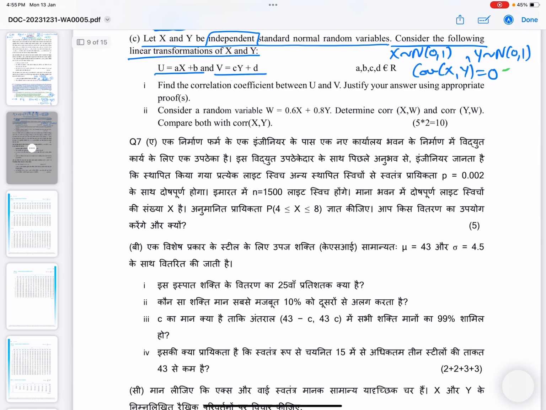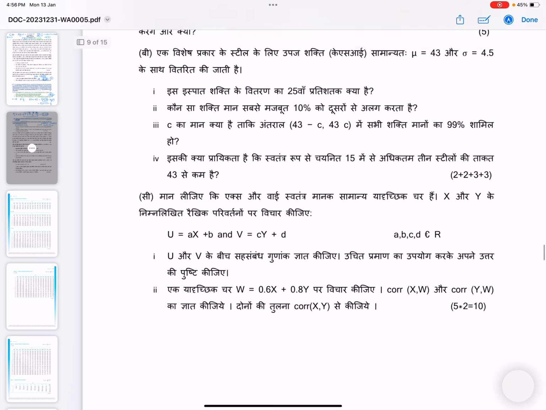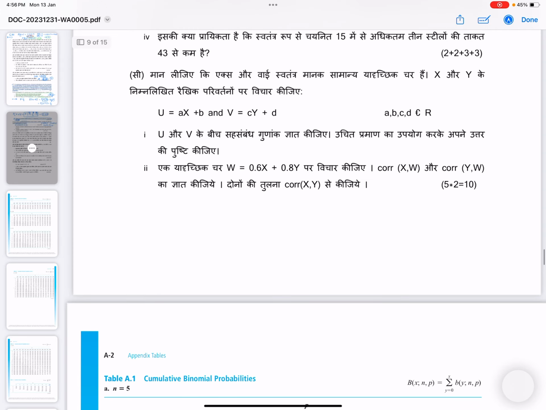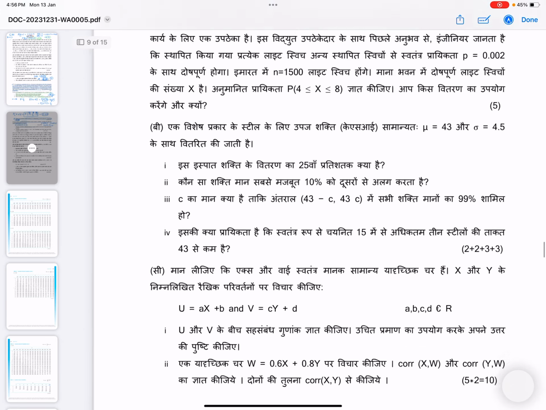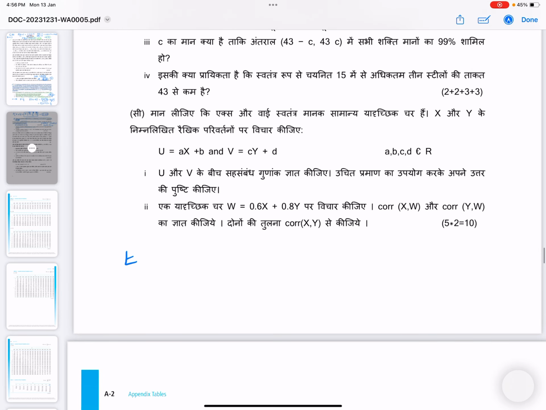Now U is aX plus b, V is cY plus d. Now you are supposed to find the correlation coefficient between U and V. Firstly, covariance xy equals expected xy minus expected x into expected y.